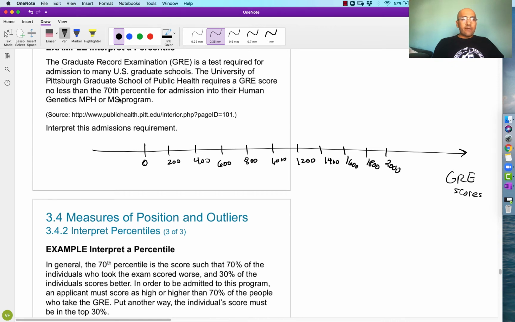So scoring in the 70th percentile means that if we take everybody that took this test, maybe some people scored over here, some people scored way over there, right? Based on the actual results that we see, what we want to do is figure out the value, the score, that separates the lowest 70% of the scores compared to the highest 30% of the scores.